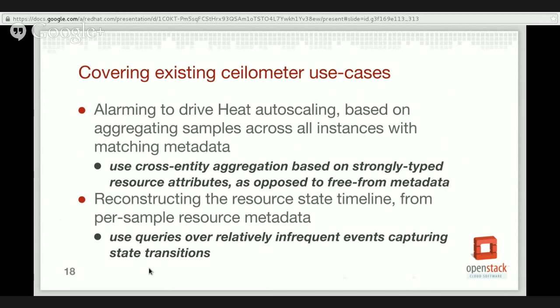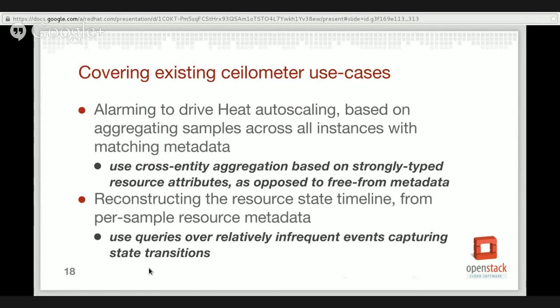So in our modeling of the instance resource in Gnocchi, we include an attribute called server group. And server group would generally be unset, it would be set to null or nothing. But in the case of an instance that's spun up as part of a heat autoscaling group, heat will cause that value to be set by setting some user metadata, by effectively tagging each of the instances that it spins up.